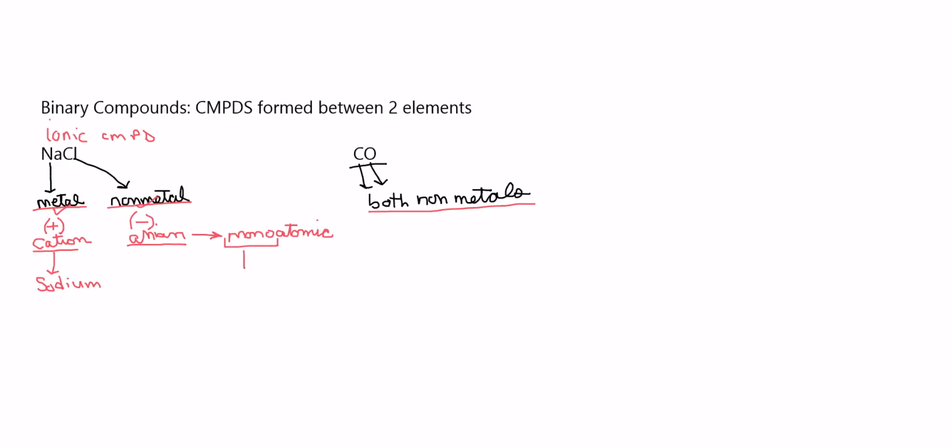Monoatomic anions have a certain ending, and the ending is IDE. So whenever you hear "ide," like chloride, oxide, bromide, nitride, you know then it is a monoatomic anion.